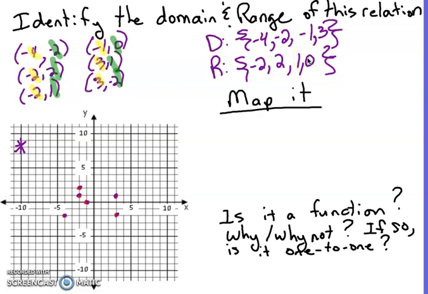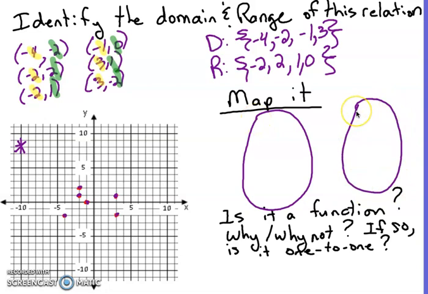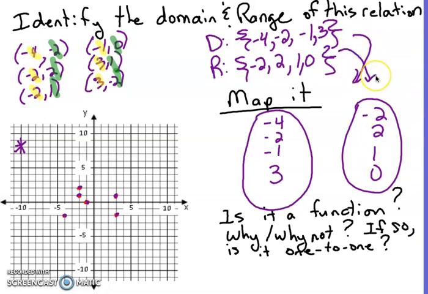Now, the map of it is literally just, you have the set of domain and the set of range, and then you map them. So here's -4, -2, -1, 3, -2, 2, 1, 0. It's these numbers that I'm putting in here. And then you literally map them.